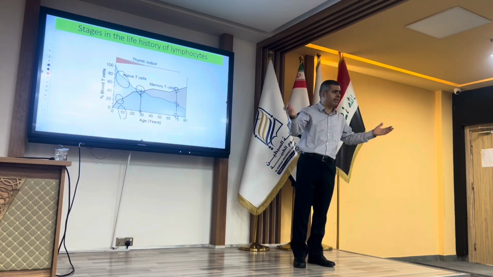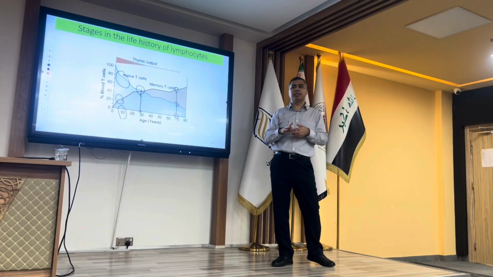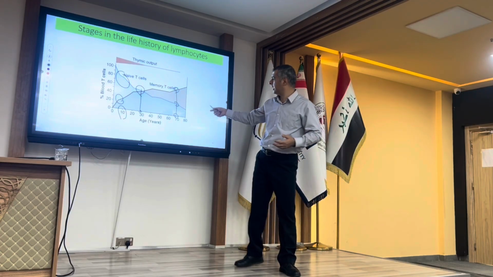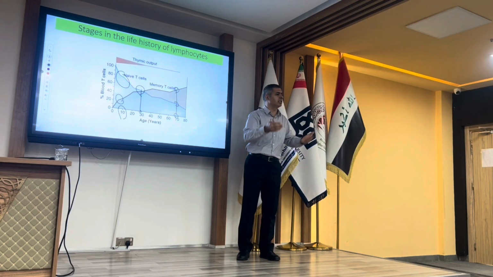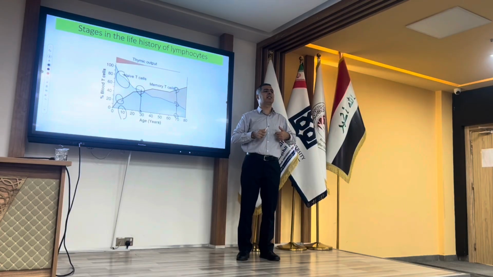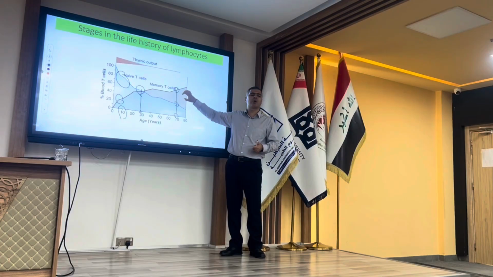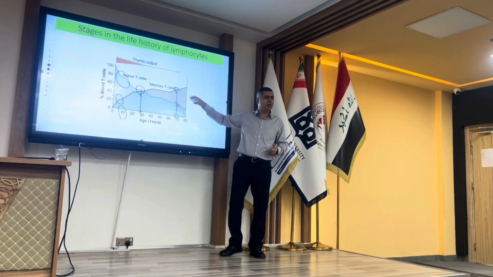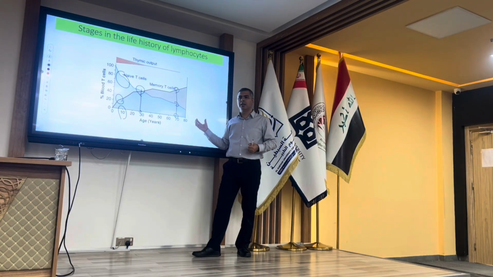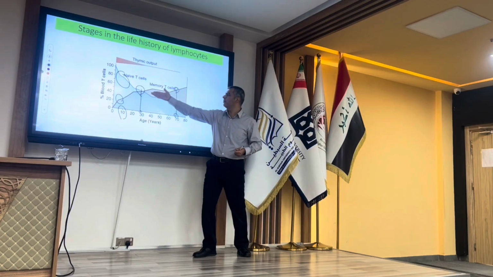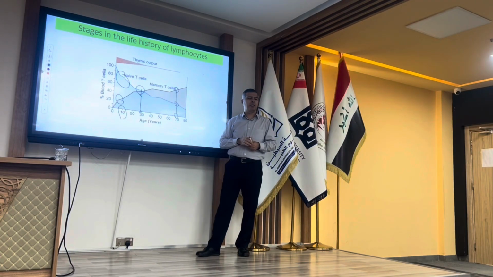I'm talking about different antigens. So expectedly, a person with higher age has been exposed to more different antigens, so they have more memory cells. Is that clear? Over time, during the lifetime of a person, the memory cells increase and the number of naive T cells decreases. Is that clear?